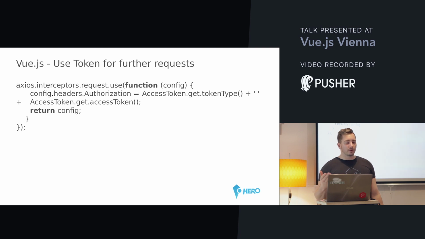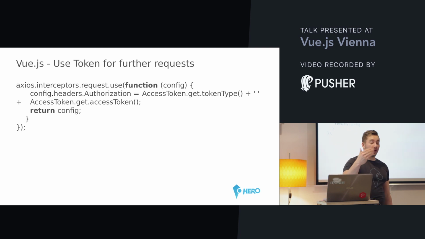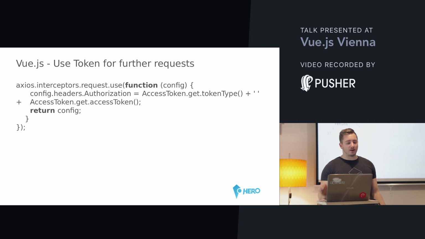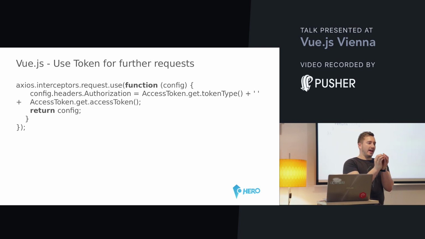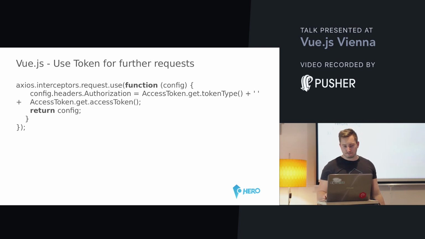And what we are doing here, every time an Axios call is made, we append the access token which we have in the local storage to this call. So it's just a single point where you tell your application, always when you call the API, just add the access token. Okay?